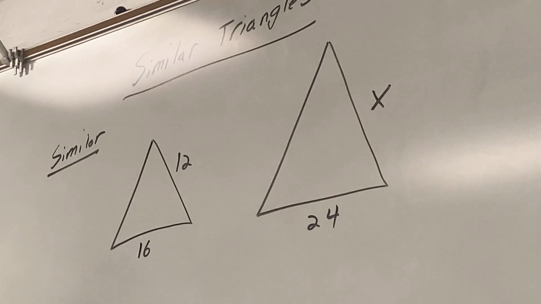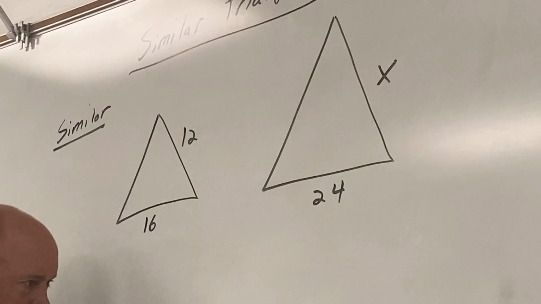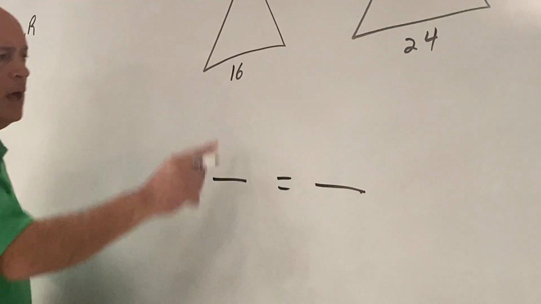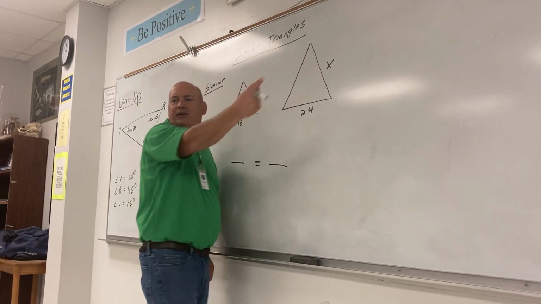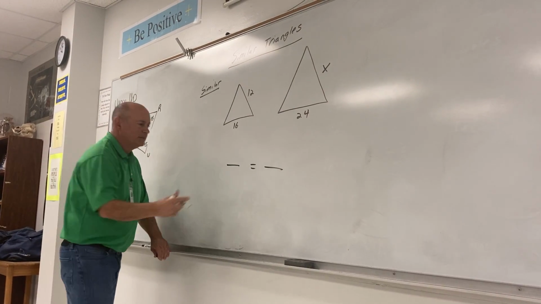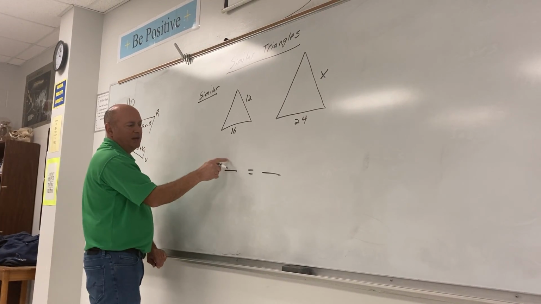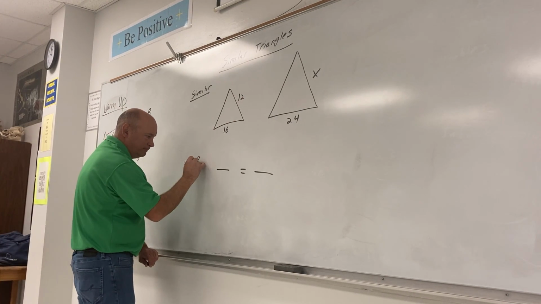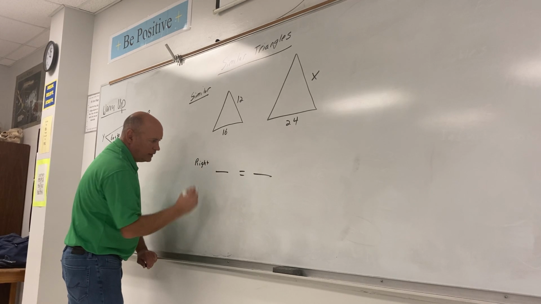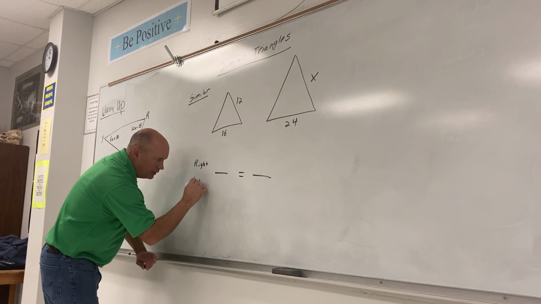All right, let's set up our proportion. So let's call bottom, right side. Y'all agree? Okay. So, what do y'all want on the top? 12. The 12, that would be the right side. And we'll put the bottom on the bottom.